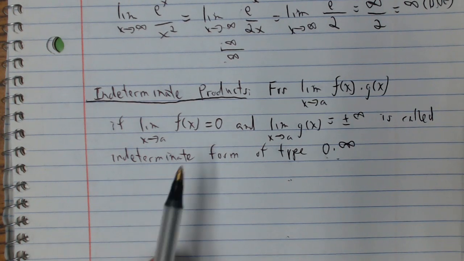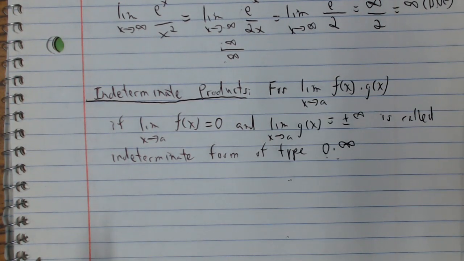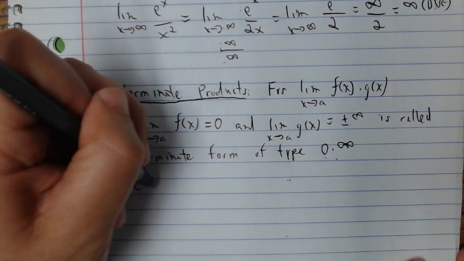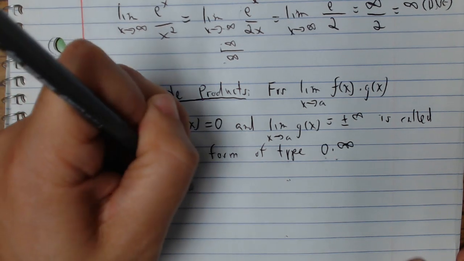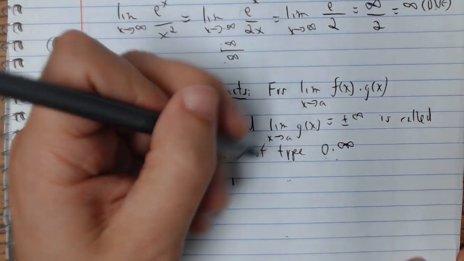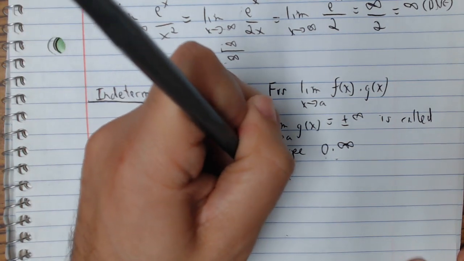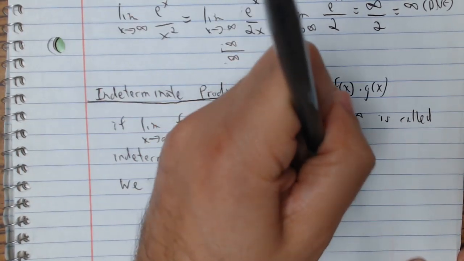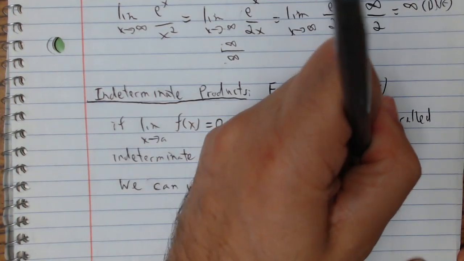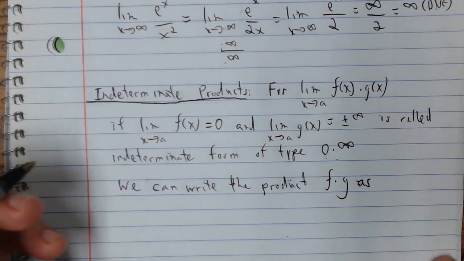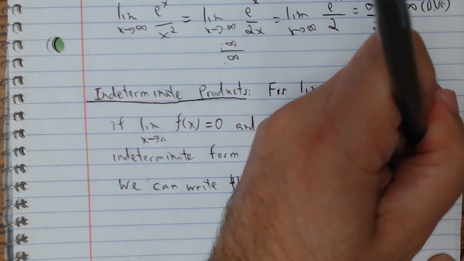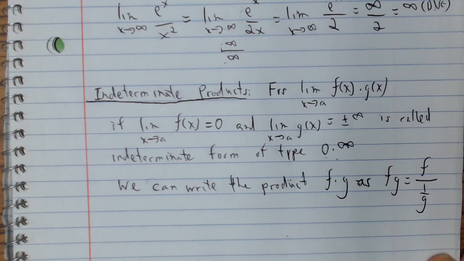So this is how we're going to manipulate something like this so that we could use L'Hopital's. We can write the product f times g as the same thing as the following: f times g is equivalent to f divided by 1 over g.